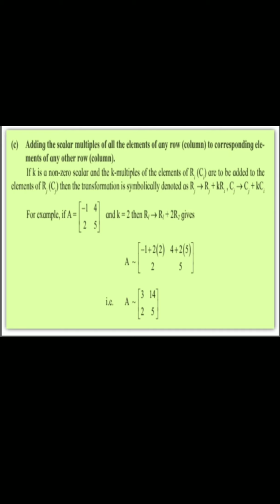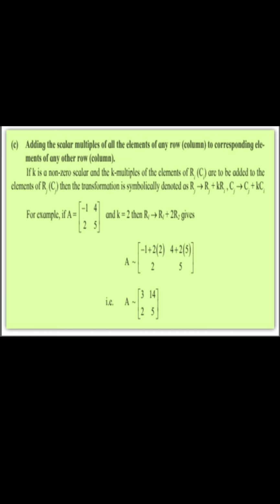Let us study the point C, adding the scalar multiples of all the elements of any row or column to the corresponding elements of any other row or column.